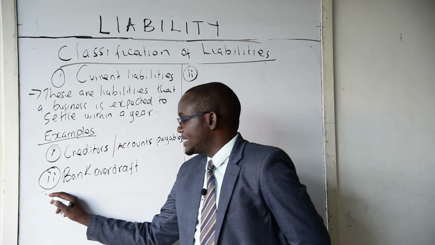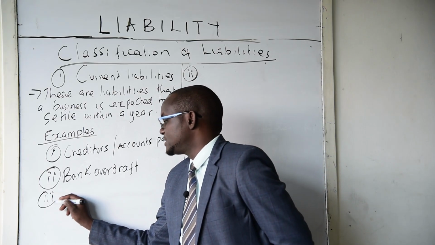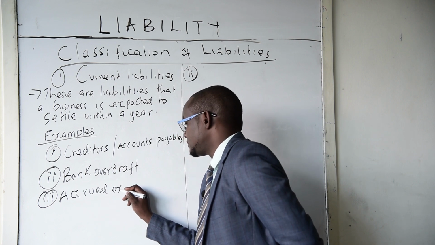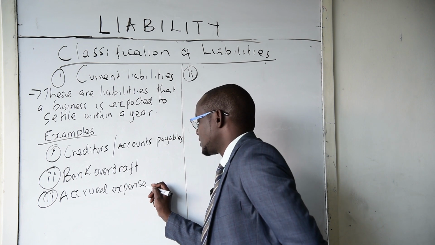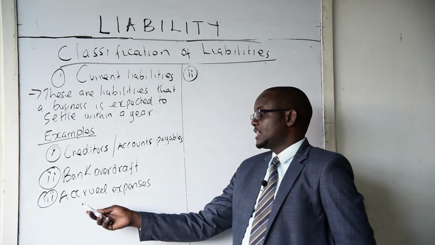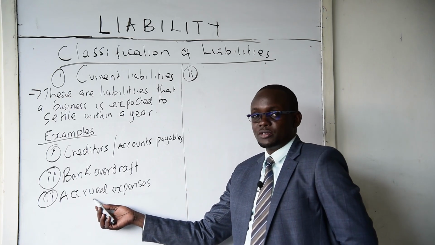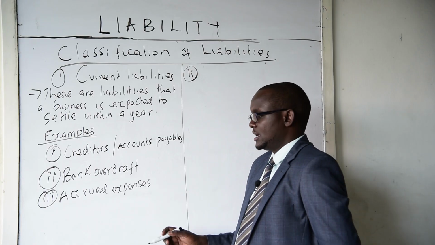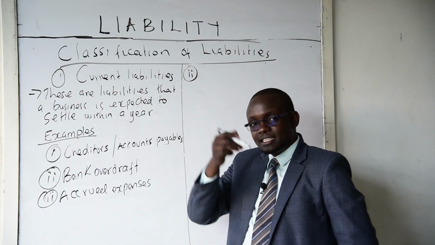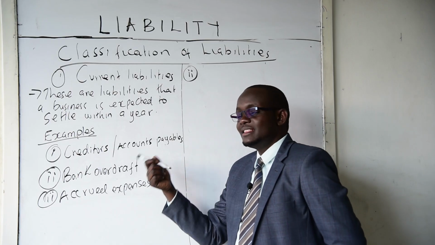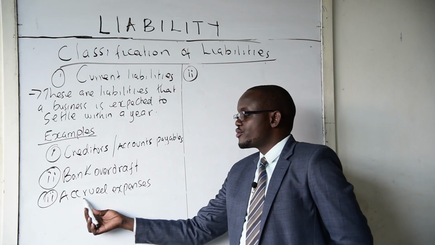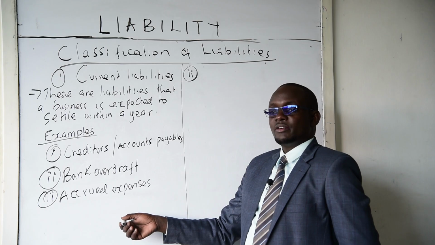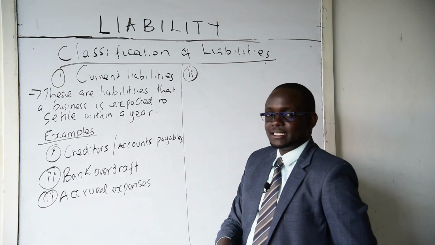The third one is accrued expenses. These accrued expenses are expenses relating to a previous period that have not been paid in the current period. For instance, expenses for last year that have not been paid in this year are called accrued expenses. You can have an expense like rent that you have not paid for last year.